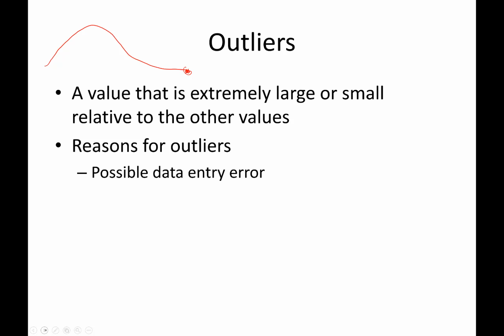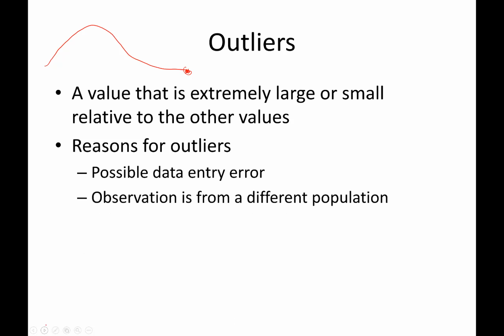So it's always possible that an error was made when entering the values. Another is that the observation could be from a different population. When we were sampling, somehow we've got an individual who's not part of the population that we are interested in looking at. That's always a possibility as well.